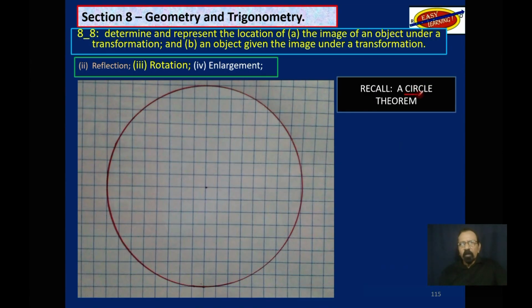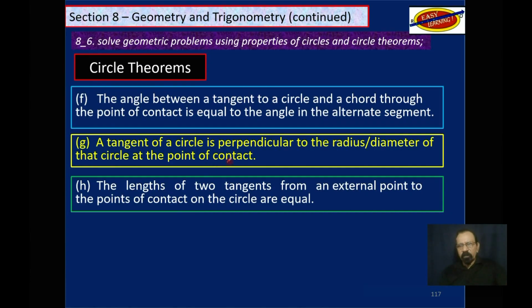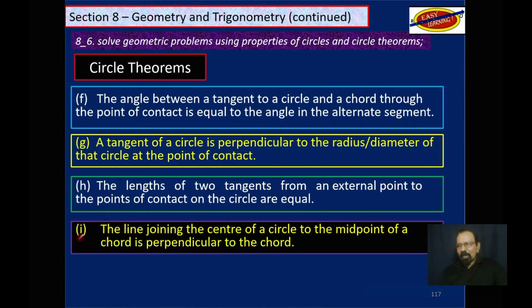Let's do a little review on circle theorem. That was video 13. We looked at those, but the one that concerns us right now is this last one here. It says the line joining the center of a circle to the midpoint of a chord is perpendicular to the chord.